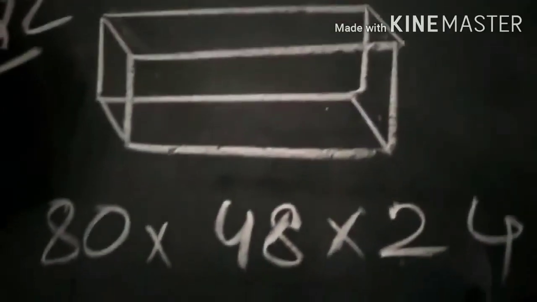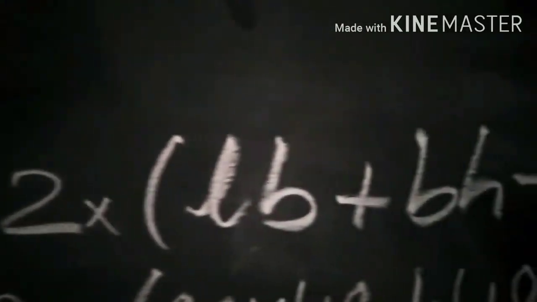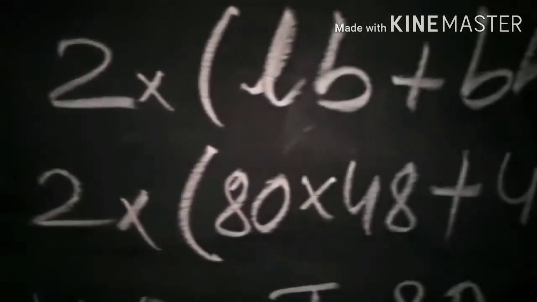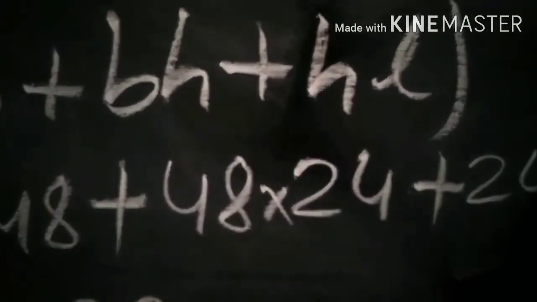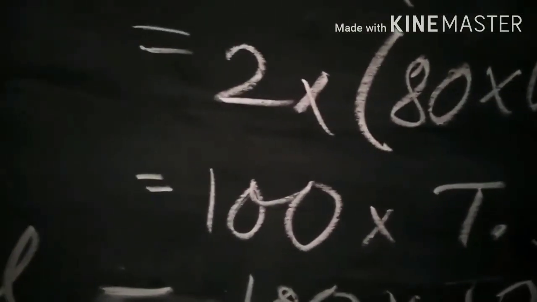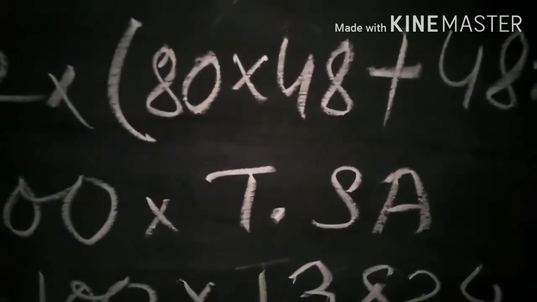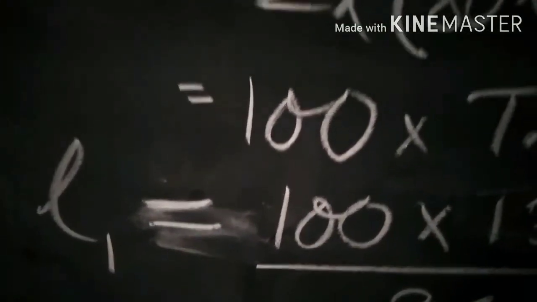So the total surface area we find using the formula 2 into (LB plus BH plus HL), and putting the values, it is 2 into (80 into 48 plus 48 into 24 plus 24 into 80). For making 100 such covers, it is 100 into TSA, total surface area.